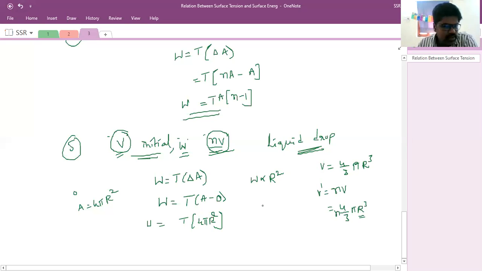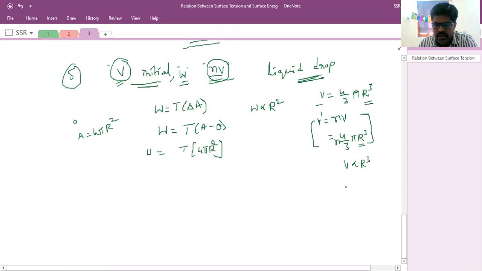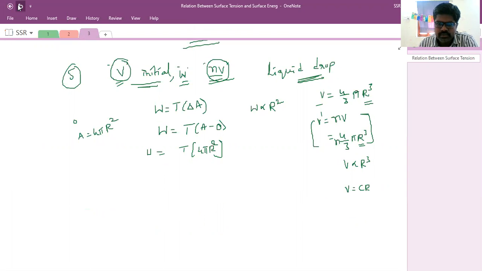Now you can interpret it in terms of work done directly. See here, the relation between V and R: V is proportional to R cube, keeping N aside. V is equal to some constant C times R cube, or just proportionally.